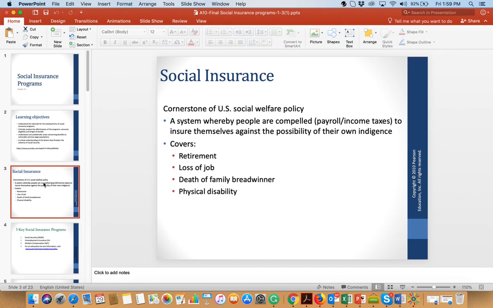You may lose your job for whatever reason, either because of market forces or you are laid off. How about when the breadwinner, whether a woman or a man in the home, dies? What happens? They need to compensate you so that you don't fall into poverty. There could also be a problem with disability. So these and many other reasons make such insurance mandated.